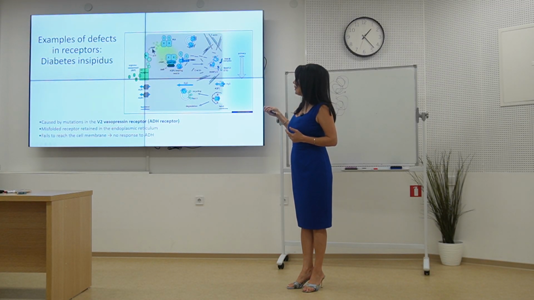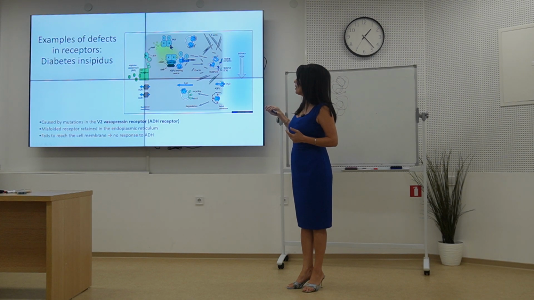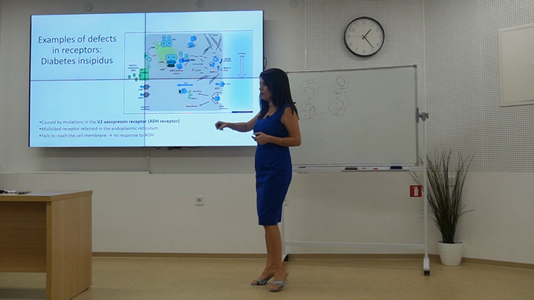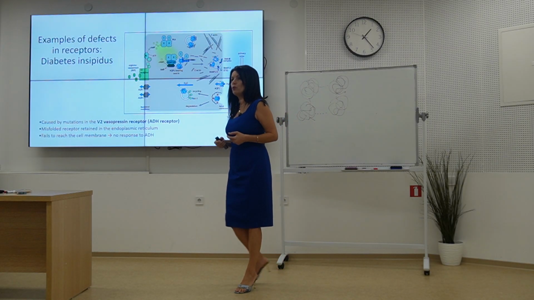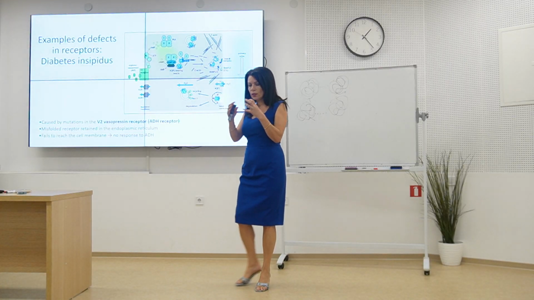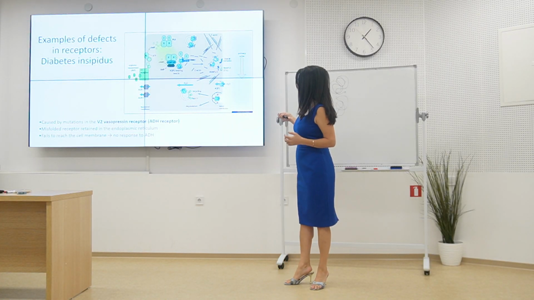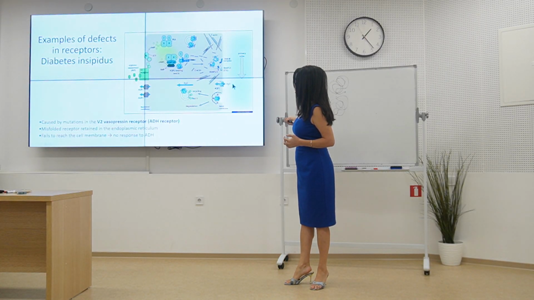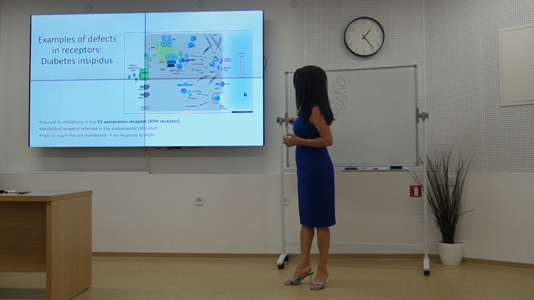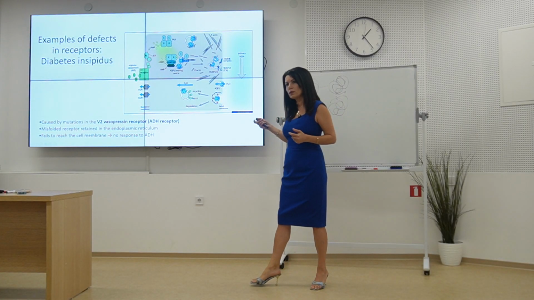Then cyclic AMP activates protein kinase A, activates some other compounds and proteins in the cytoplasm, and in the end some transport proteins will be expressed on the outer surface of the membrane, which activate the transport of water from the primary urine inside the cell and after that into the blood.